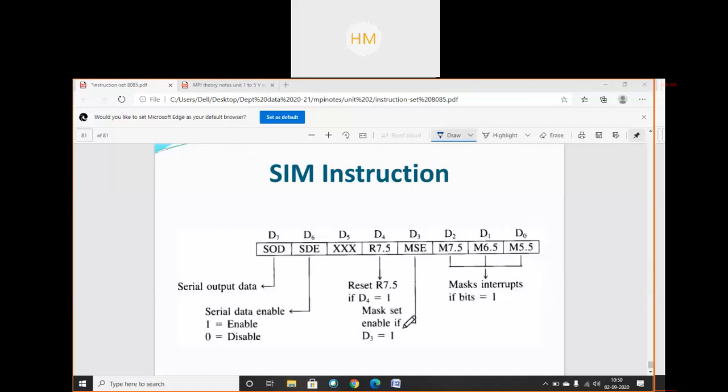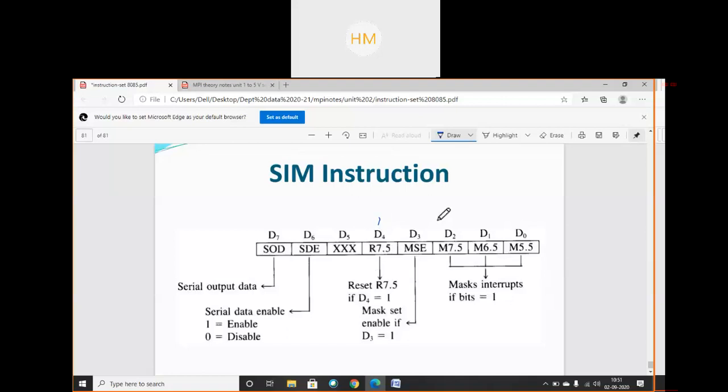Otherwise, reset. Then reset 7.5 if D4 is equal to 1. If D4 is 1 and I want to reset this bit, then 1 will reset my 7.5 interrupt, not the others, not 6.5, not 5.5.